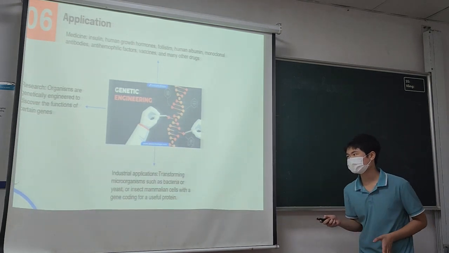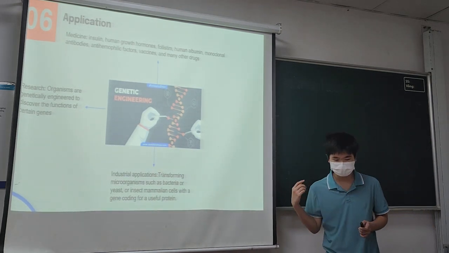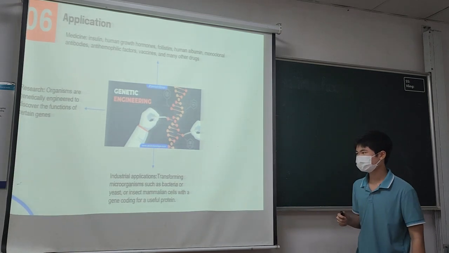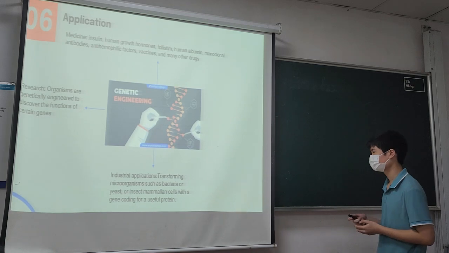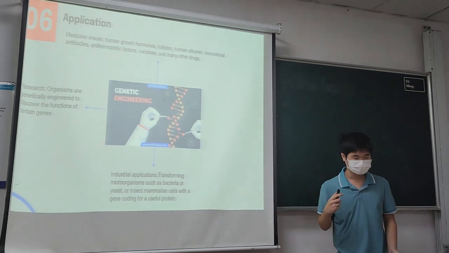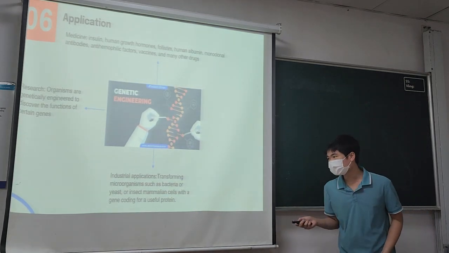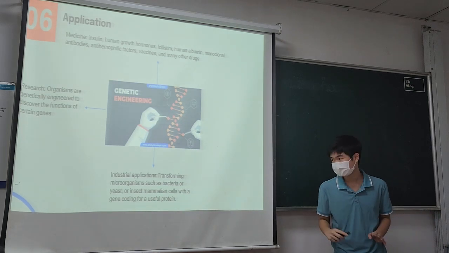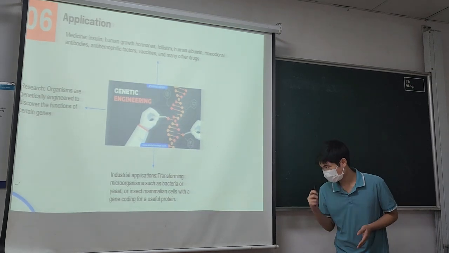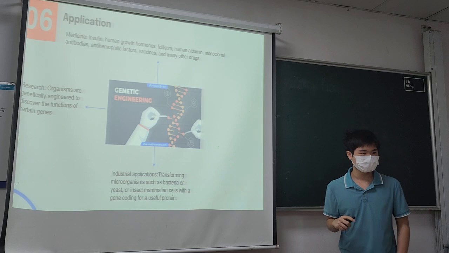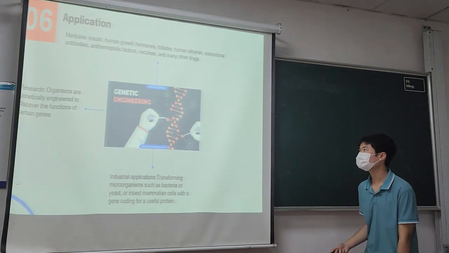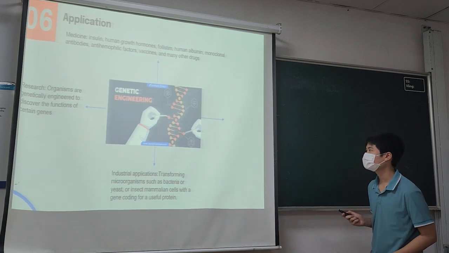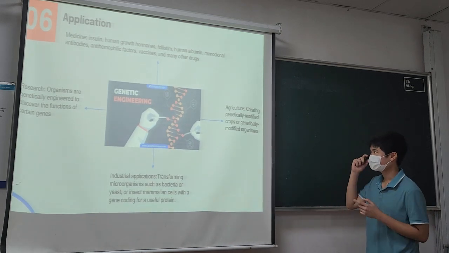And the third one is in industry. In industrial application, it is used to transform microorganisms like bacteria or yeast, or some insect or mammalian cells, with a gene coding for a useful protein. And the last one is in agriculture.